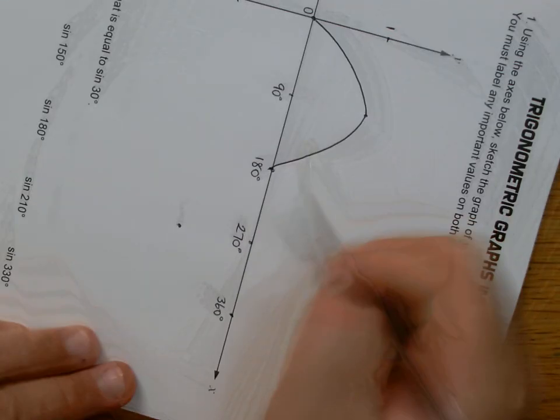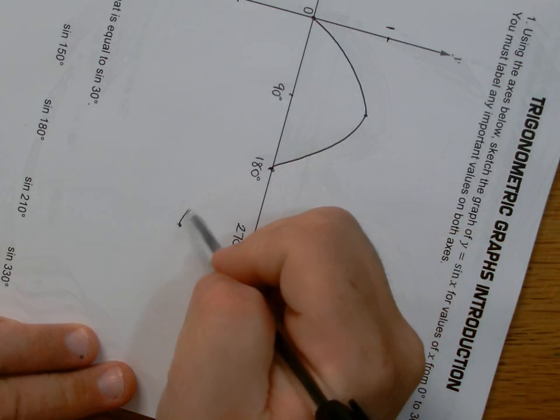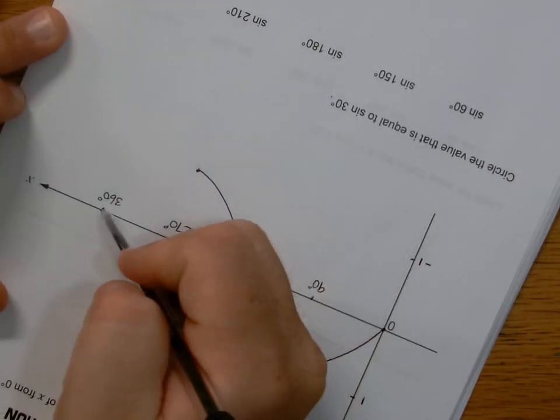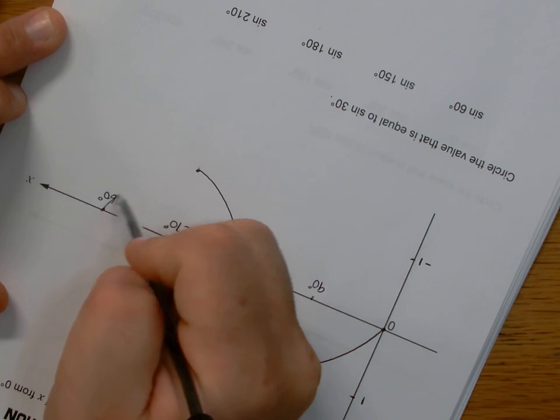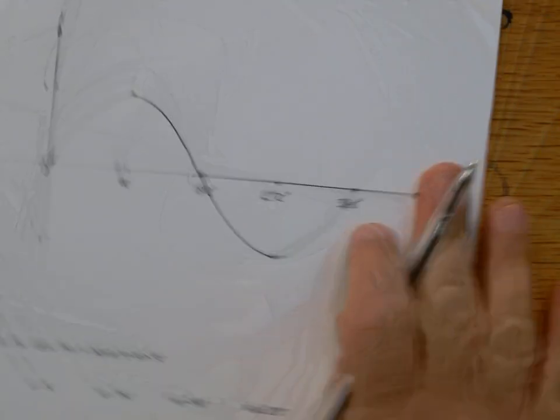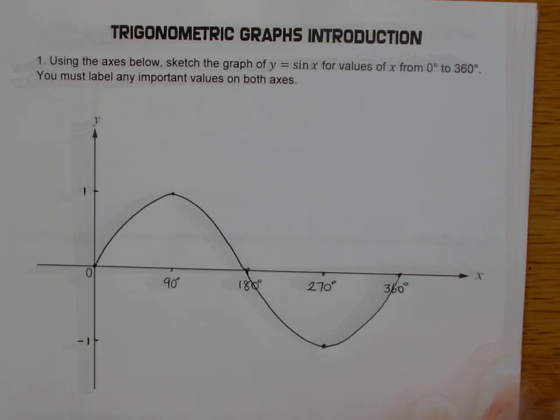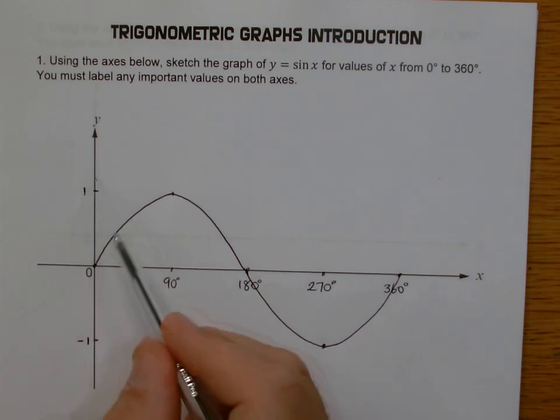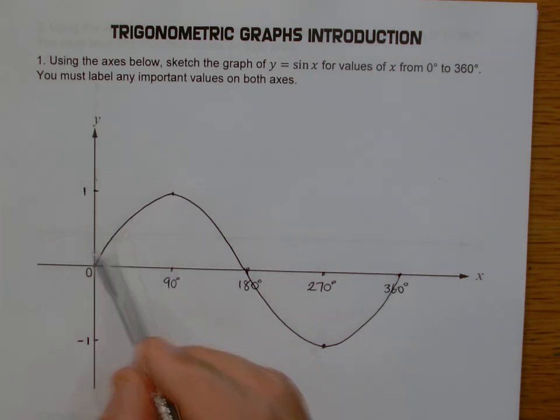You can turn it upside down, whichever way is easier, so you can actually get this looking like a wave. And there you've got your sine wave, okay? This is only a sketch, so it doesn't have to be perfect. It's important that we get our scale values written on the graph. It doesn't matter if it's a little bit shaky. The main thing is that you get it looking as best as you can as a wave, but not using a ruler.